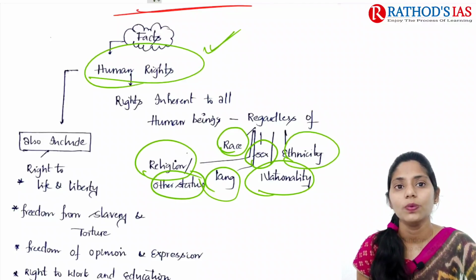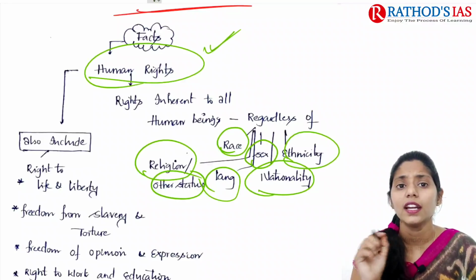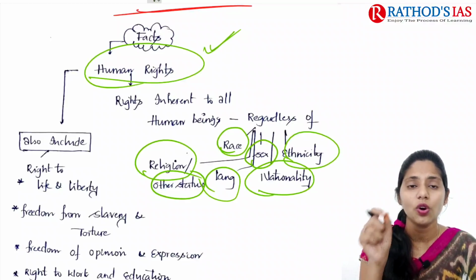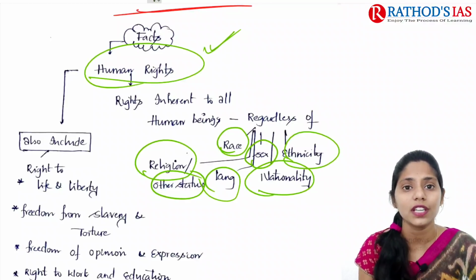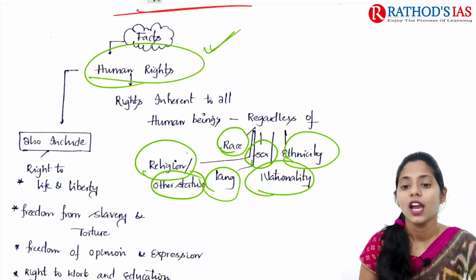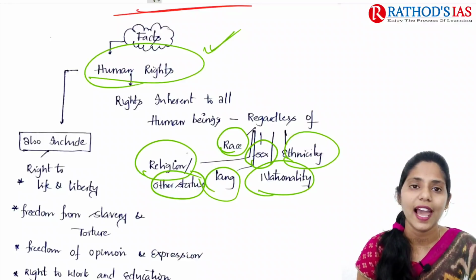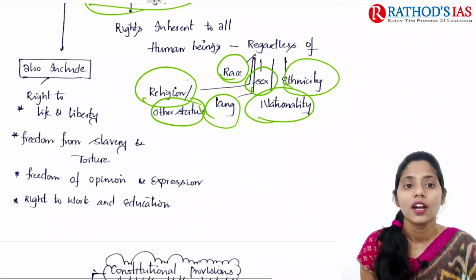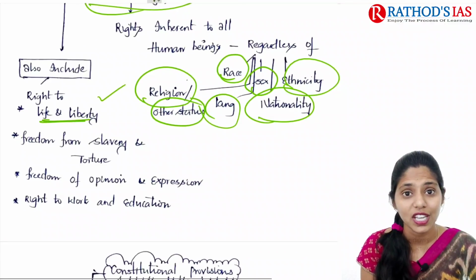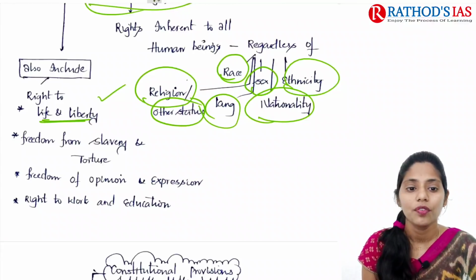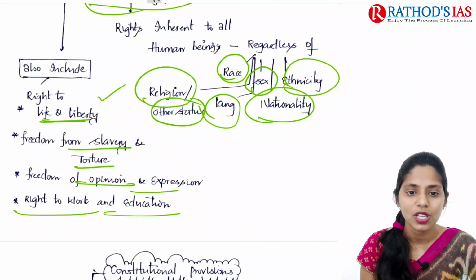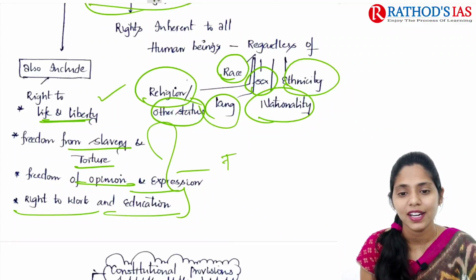They are inherent to all human beings regardless of which race, sex, ethnicity or nationality you belong to, or your language or religion. Human rights mainly include the right to life and liberty, freedom from slavery and torture, freedom of opinion and expression, and the right to work and education. Some of these are present in our fundamental rights also.